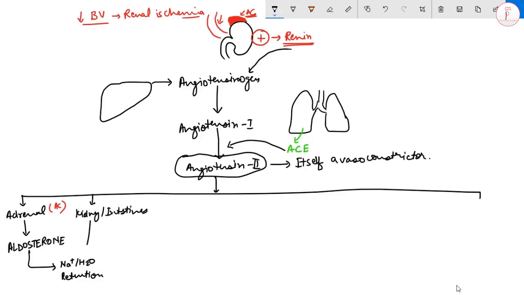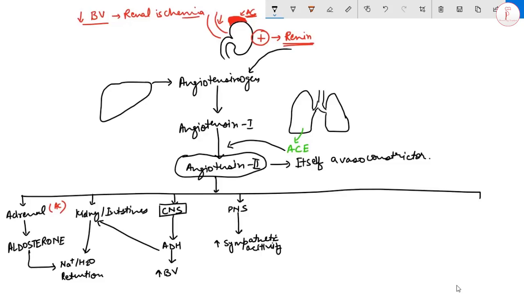Angiotensin 2 also shows its action on kidney and intestine, where it increases sodium and water reabsorption. In the CNS, angiotensin 2 leads to a release of ADH, antidiuretic hormone, that contributes towards increasing blood volume. ADH also has some action on kidney for producing concentrated urine.